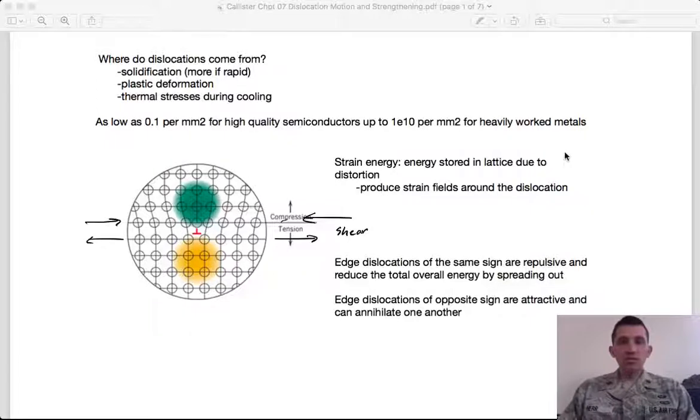So we're talking about 10 billion times, 100 billion times more in the same area for a heavily worked metal. And when we say worked, what we're talking about is high amounts of plastic deformation.